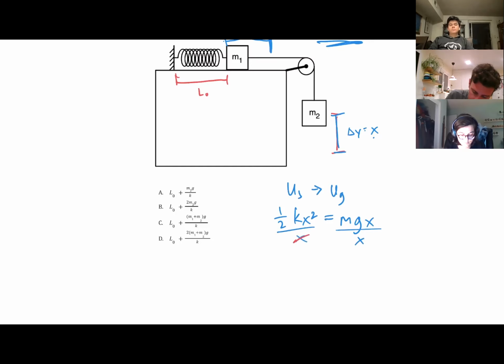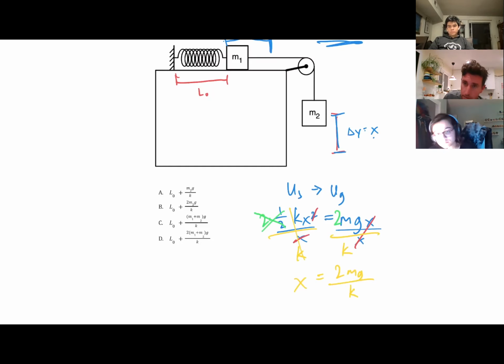That'll get rid of that x and that x. Then I've got mg, multiply both sides by 2. That'll get rid of that part. And then divide both sides by k, gives me x equals 2mg over k.